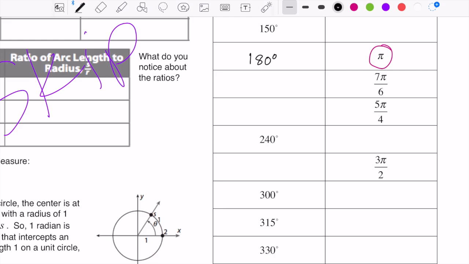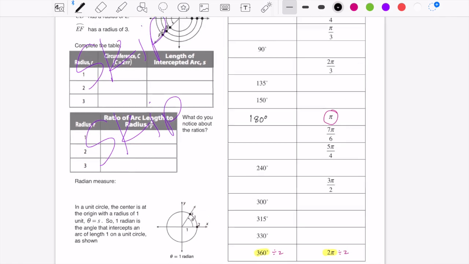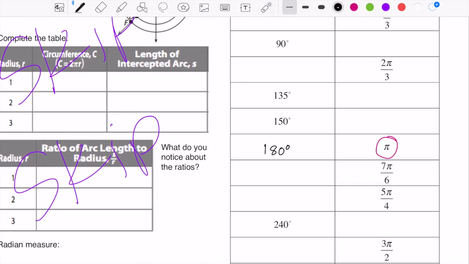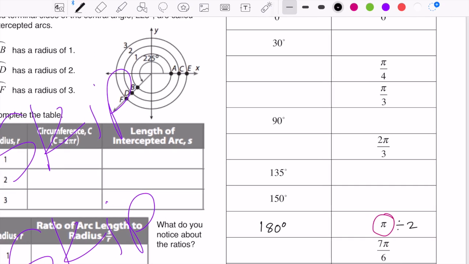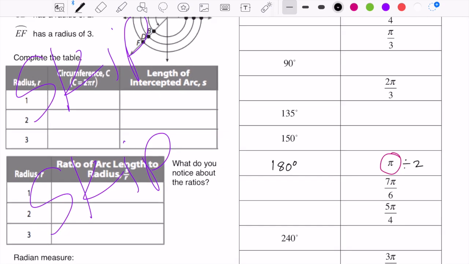Okay, well, let's keep using that pattern. So what if I divide pi by 2? Can I reduce pi over 2? Nope. But if I'm going to be consistent, I'm also going to divide 180 by 2. What's 180 divided by 2? Oh, that's 90 degrees. So 90 is the same thing as this guy right here, which is just pi over 2.